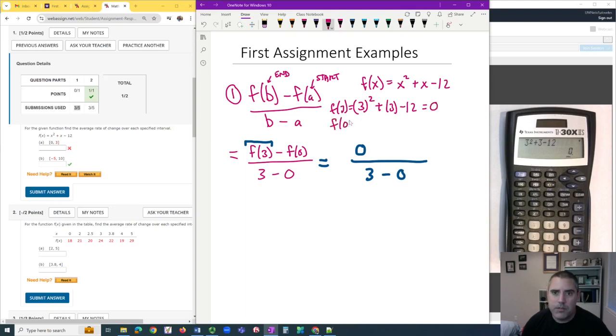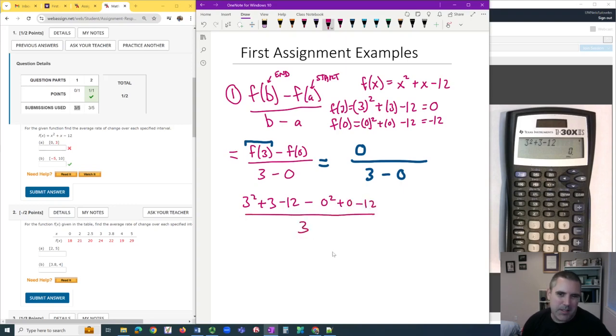What is f of 0? It's going to be 0 squared plus 0 minus 12, which is minus 12. So what I find when students do this calculation, the common mistake is not including parentheses appropriately. So they do this, and they get the wrong answer.